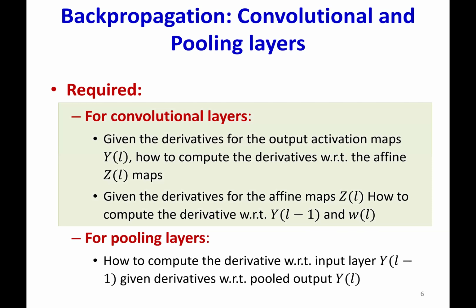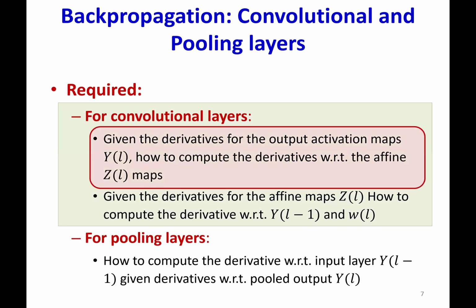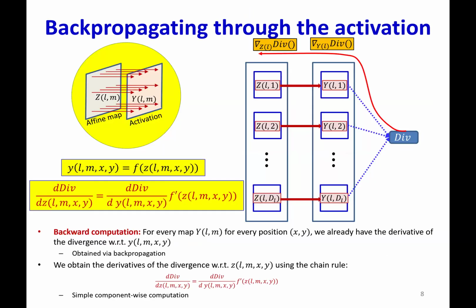Now, for the first one, the derivatives for the convolutional layers, given the derivatives for the output activation maps, how would we compute the derivatives with respect to the affine map? This was easy. Here's how we did this. To get the activation map from the affine map, we applied an activation function pointwise to all of the elements in the affine map. And this gave us the activations in the activation map. So Y_L(m,x,y), which is the activation at the (x,y)th position of the mth channel of the Lth layer, was obtained by applying the activation f to the (x,y)th element of the mth affine channel of the Lth layer.